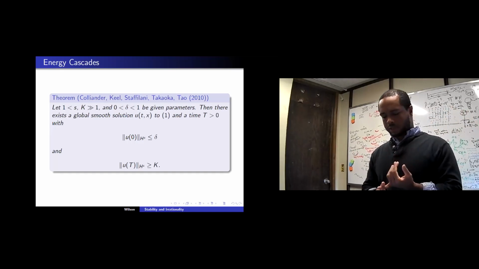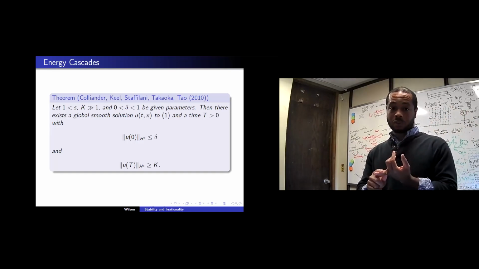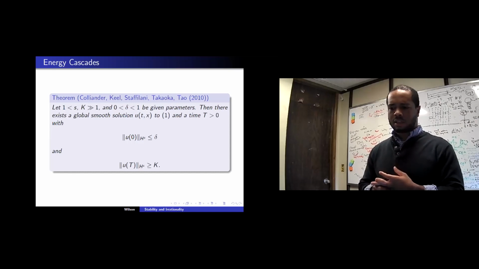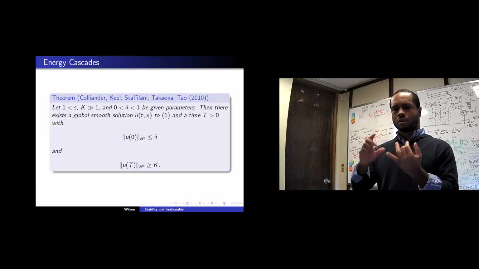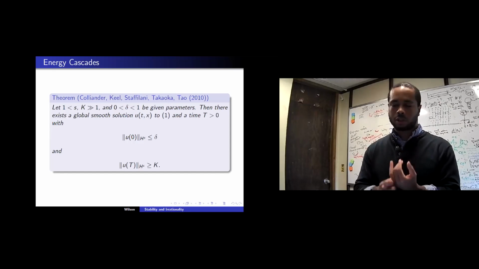For the two-dimensional equation, for high regularity phase space, okay, your s is great. You have more than one derivative at least. One can show, or demonstrate to some extent, that you are not integrable, in the sense that you can start off with very low energy in H^s, let's say.